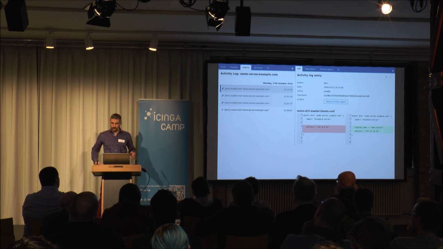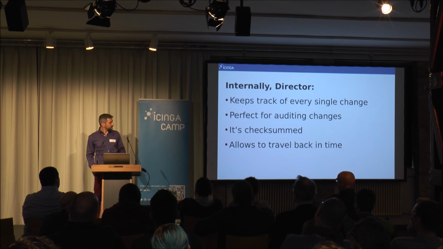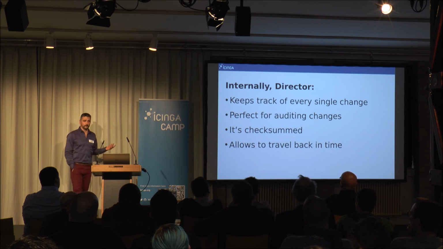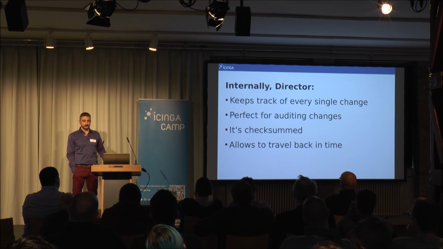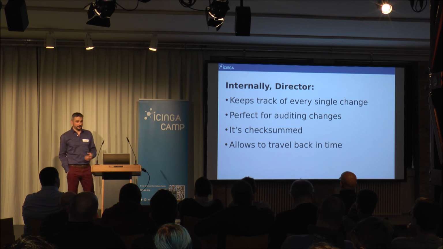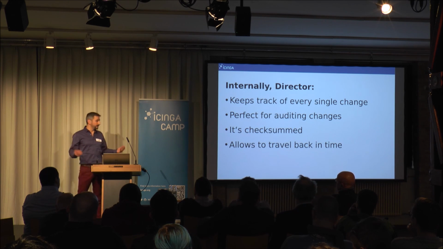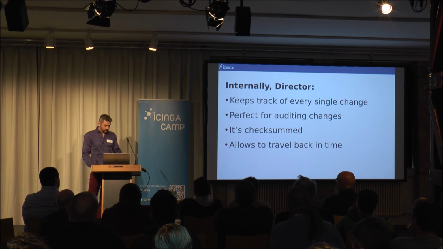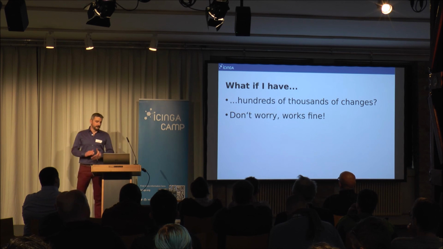And the director keeps track of all of them. Everything is checksummed, so if someone wants, they could sign the changes somewhere, and this would be perfect for an audit trail that cannot be faked, and it allows you to travel back in time.